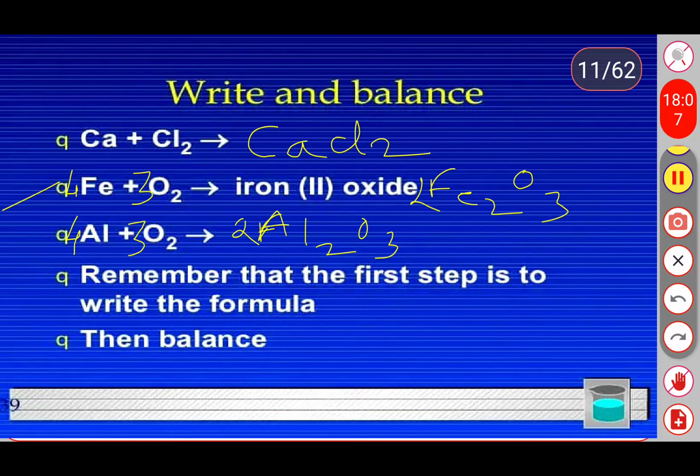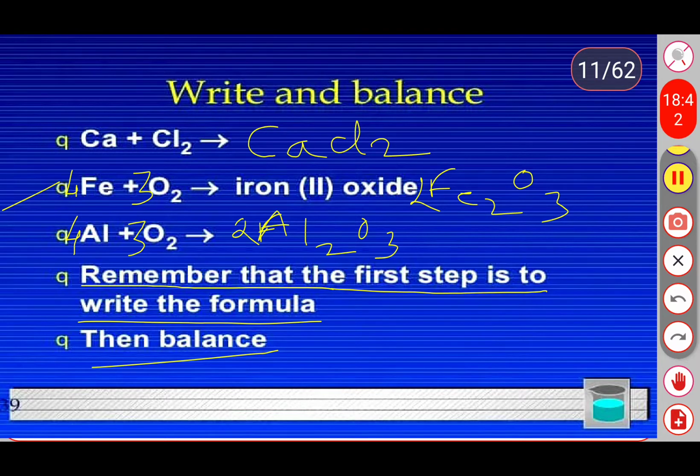These are some examples for the combination reaction. When you are completing this type of reaction, remember that the first step is to write the formula. You must write the formula first. Once you write the complete formula, then balance the given equation.